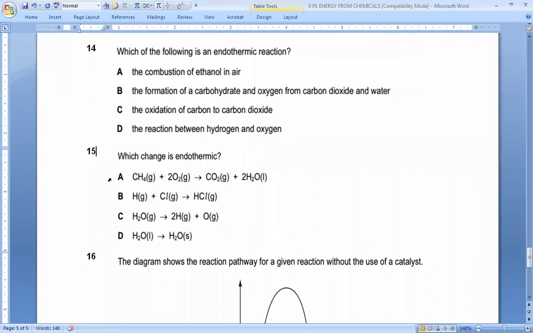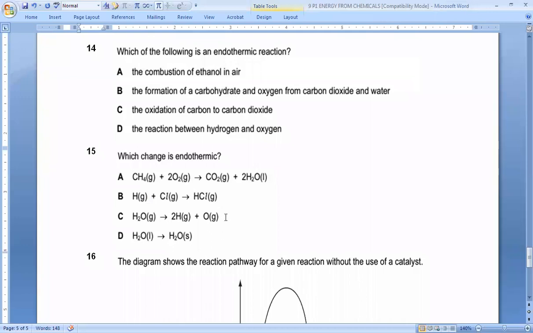Endothermic reaction. Number A, combustion. Hydrogen plus chlorine, HCl gas is formed. So gas, this is an addition reaction, exothermic. B, exothermic. Water, decomposition reaction.